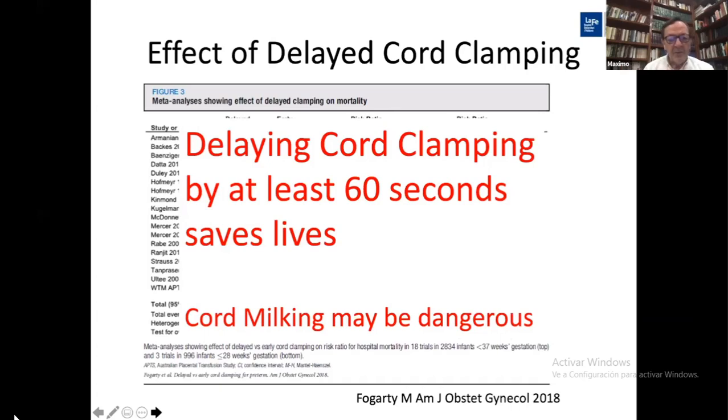There is another approach, which is cord milking. Cord milking has usually been done in emergency situations. The cord is clamped as close to the placenta as possible, and then the cord is stripped several times so that the blood contained in the umbilical cord is transfused to the baby.